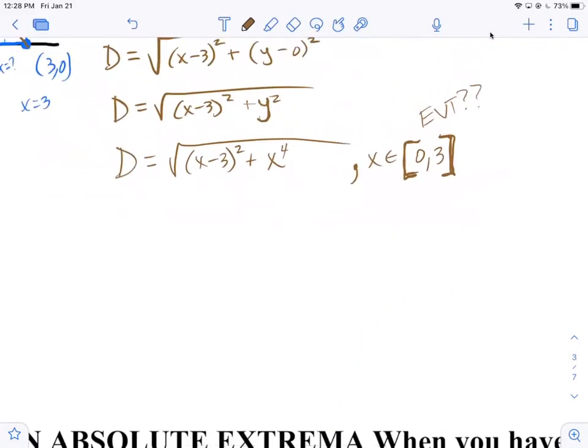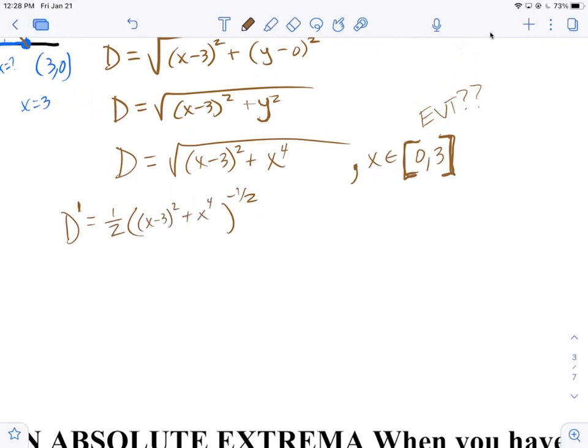So now we just need to take the derivative and set it equal to 0. Oh boy, how much fun is this going to be? Tons, right? Let's go for it. D prime is, the square root is everything to the 1/2, right? So here we go. It's going to be 1/2 times all of that to the negative 1/2. All of that is just x minus 3 squared plus x to the fourth.